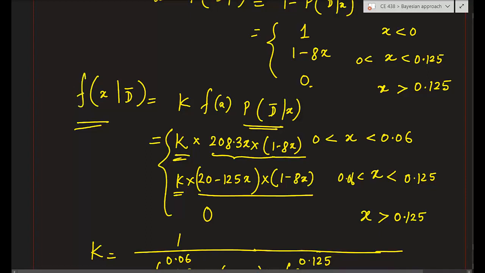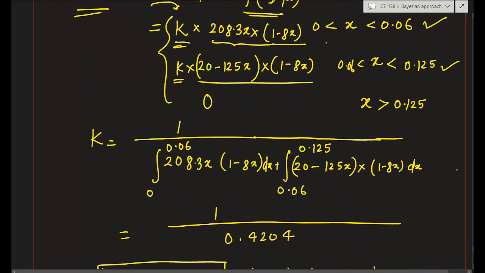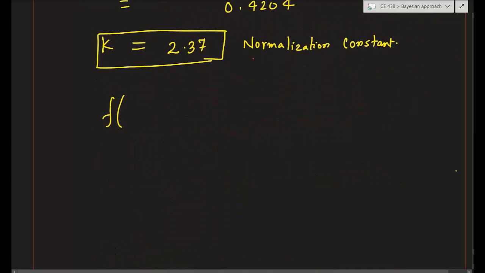So this will be f, and this will also be f, and this was the probability. This was the corresponding posterior distribution. So let us plug in the value of k, and then we can write the expression for the posterior distribution.